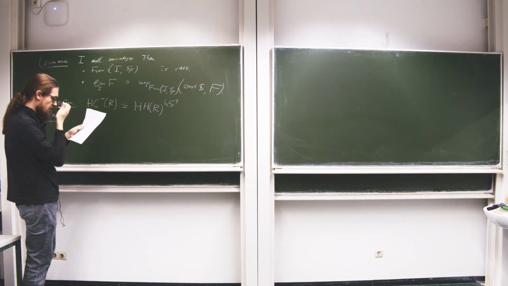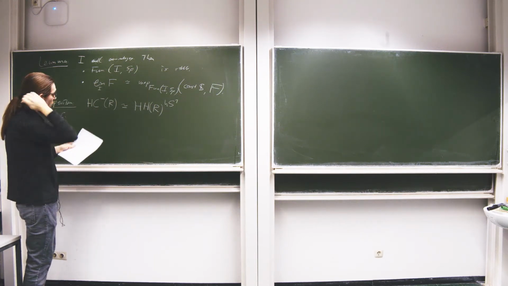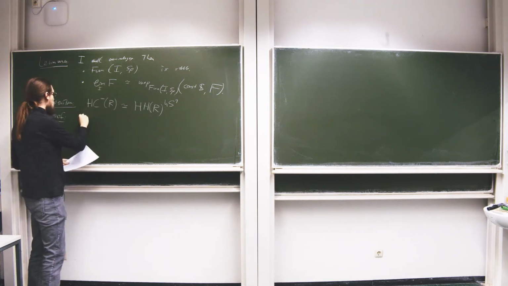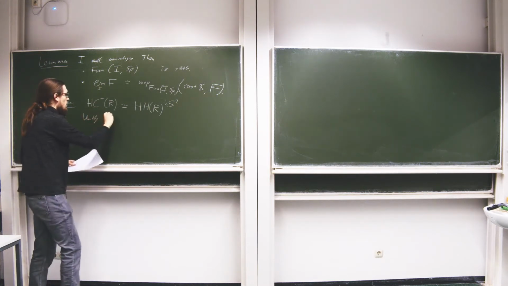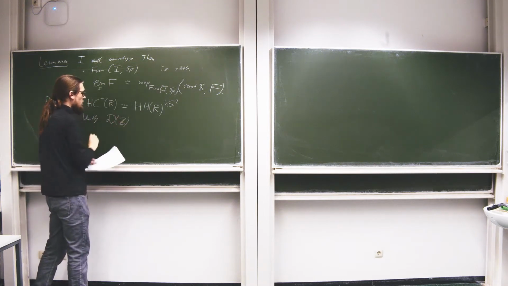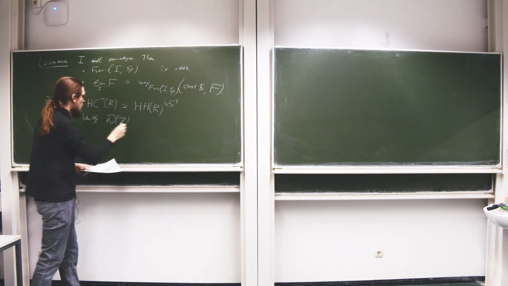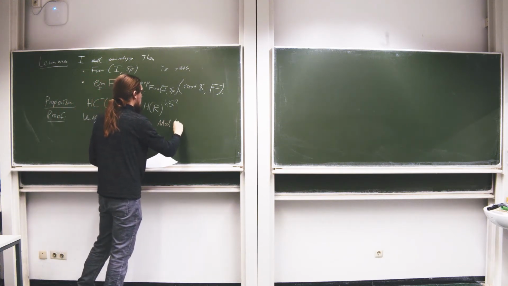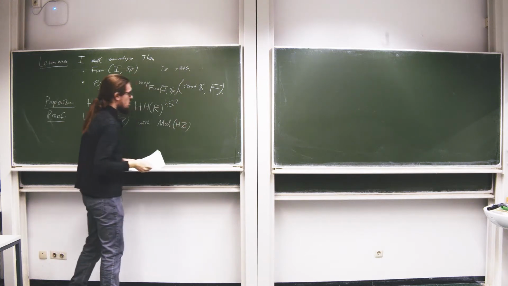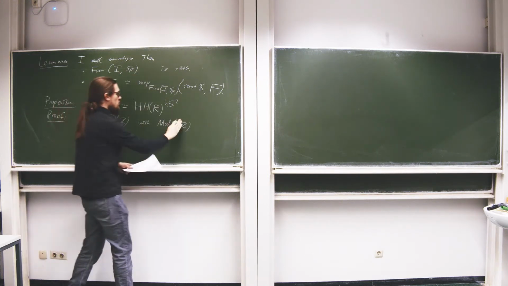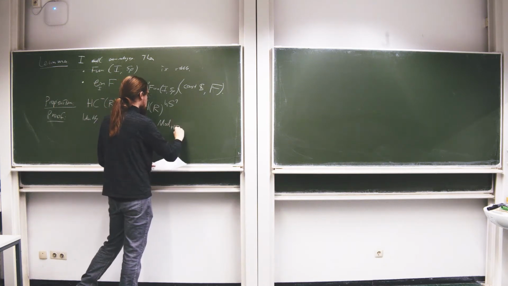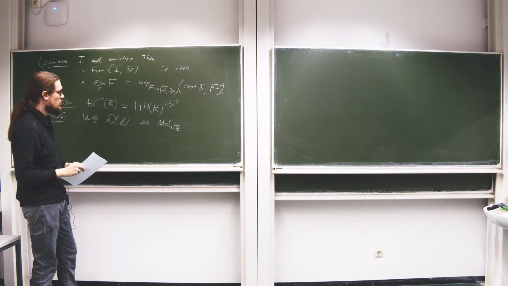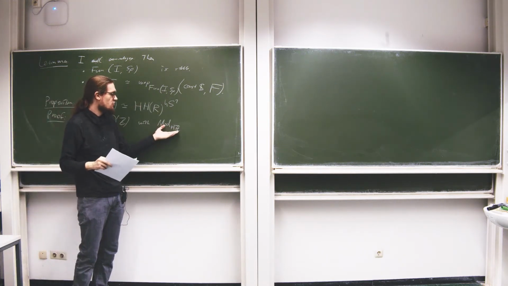So what's the idea here? Well, I've mentioned this before, but it's really useful to identify DZ, the derived category of the integers, with modules over HZ, which I probably wrote like this in the last video. So HZ is this Eilenberg-MacLane spectrum, right?